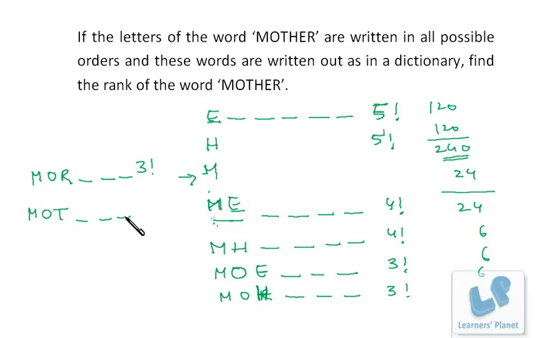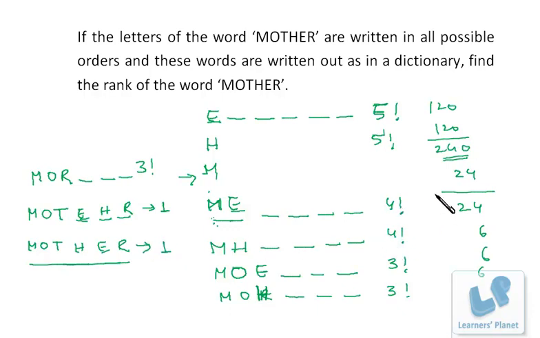After MOT, in the dictionary the next set of letters will be E, then H and then R. After it, it's one more over here. After it, MOTHER. So this is what MOTHER is.